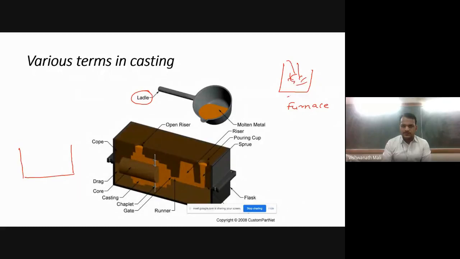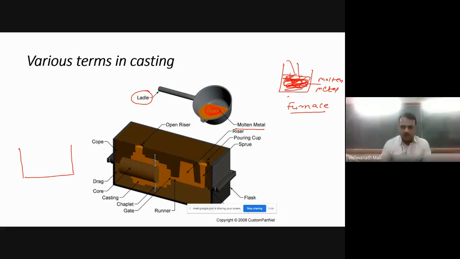We heat this scrap and we make the molten metal. From the furnace, we will get the molten metal. That molten metal we pour into this ladle. This is the molten metal.